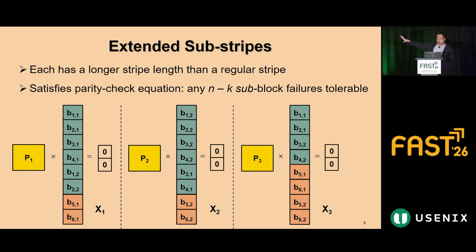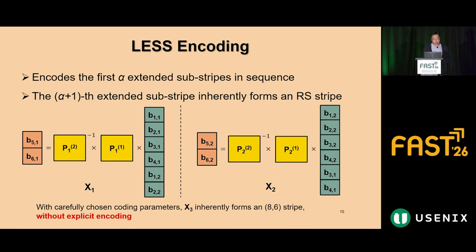And we try to construct these substripes based on Reed-Solomon codes and ensure that for each extended substripe, any N minus K subblock failures are tolerable. So the encoding here basically follows what we just saw in traditional Reed-Solomon code. So the idea is you have the corresponding parity check matrix, and then you just convert this into a generator matrix. You multiply the generator matrix with the subblocks, then you will have the corresponding parity subblocks.